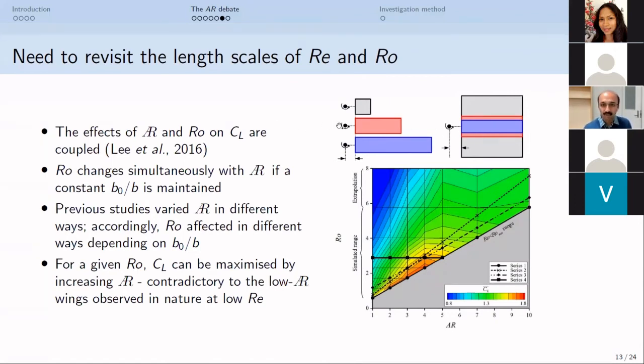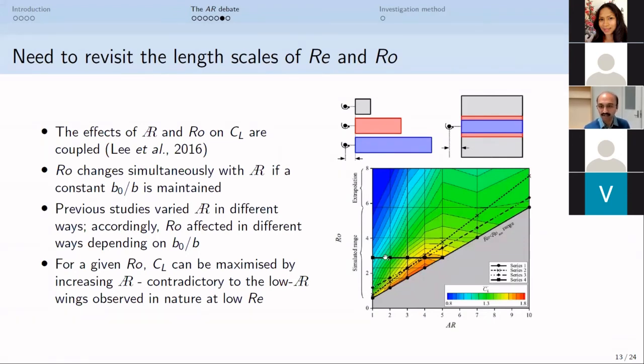And because they have non-zero offset from the wing root, the radius of gyration in the two sets changes by different ratios. And therefore, when you change the aspect ratio, the Rossby number also automatically changes in different ways. And depending on how you choose both of them together, you obtain a different trend.